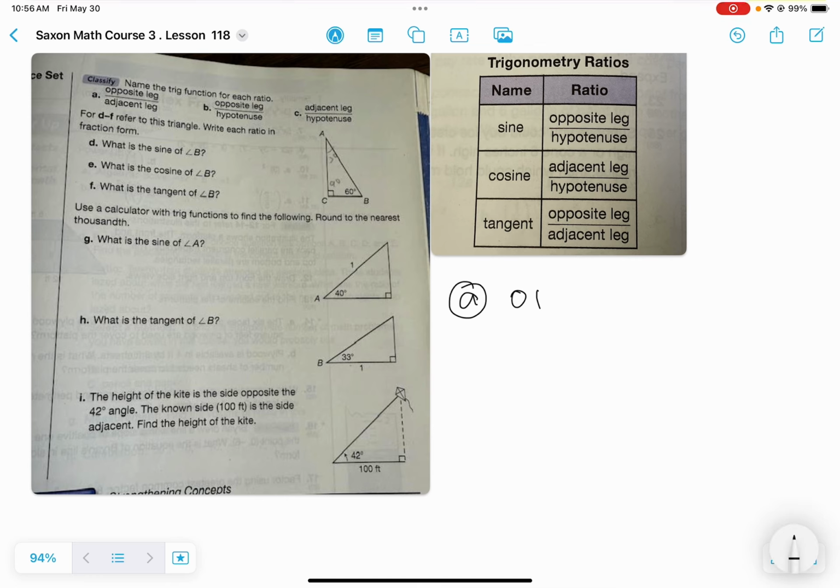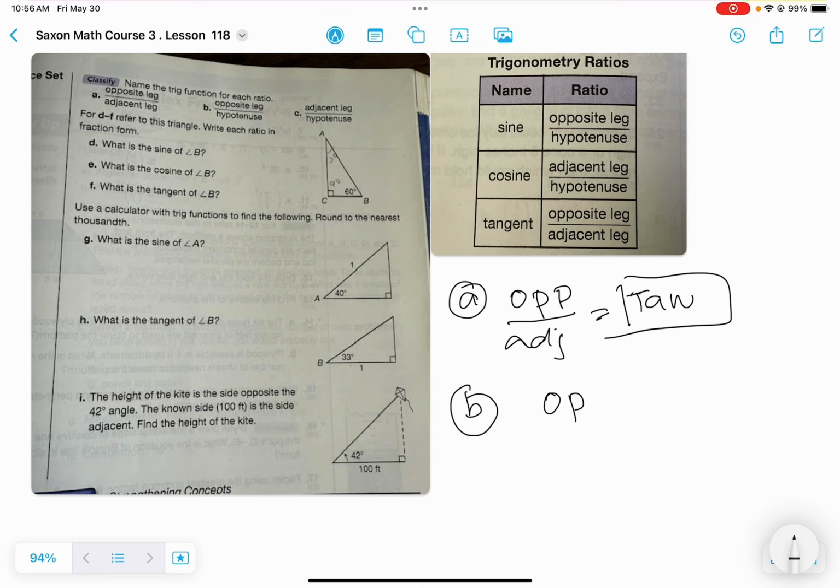Opposite by adjacent. If you see the table above, it is nothing but tan. That's your A. B. Opposite by hypotenuse is nothing but your sine, or sin.